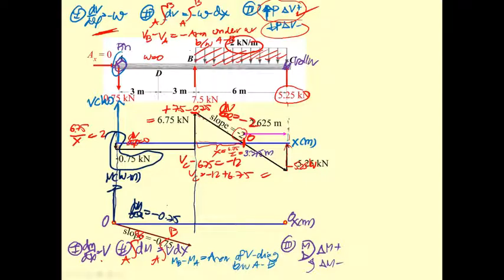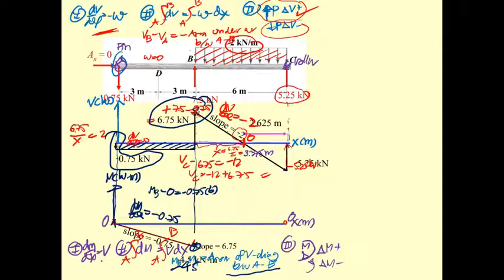M sub B minus M sub A, where M sub A is 0, is equal to the area under the shear diagram between A and B, which is minus 0.75 times 6, minus 4.5 kilonewton meter.